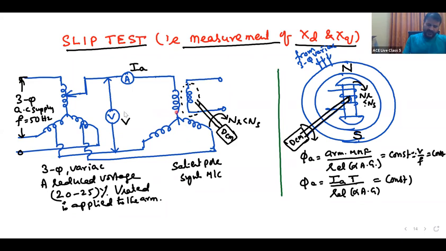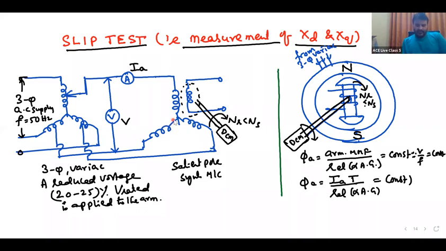To this armature winding, we are applying a reduced voltage from the three-phase variac. How much voltage? Reduced voltage, 20 to 25% of V rated, is applied to the armature.